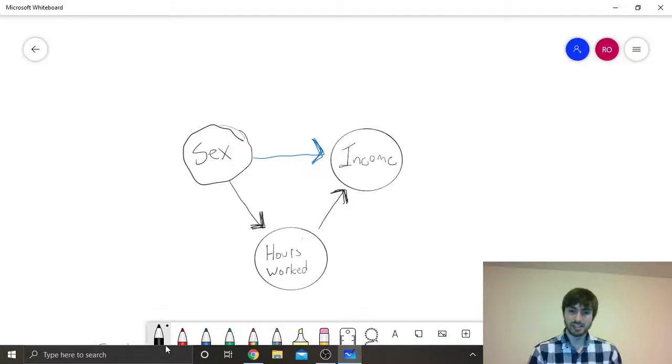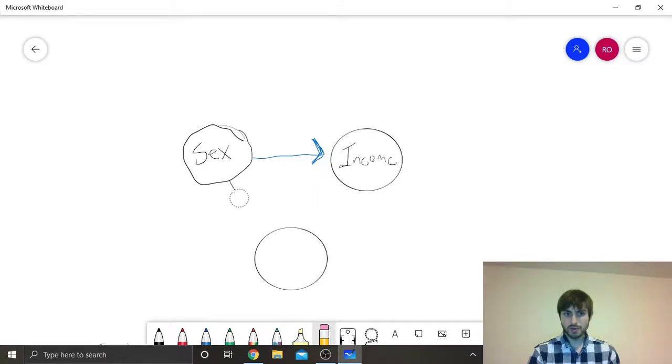Part-time workers earn less than full-time workers. So you can see here that there are two paths. There's the direct causal effect that we're interested in, and there's this backdoor path. And so the solution would be to condition on this variable to better understand what the actual effect of discrimination is.